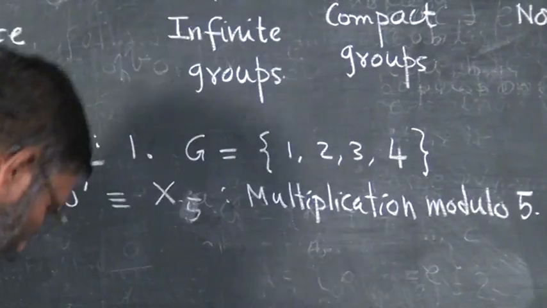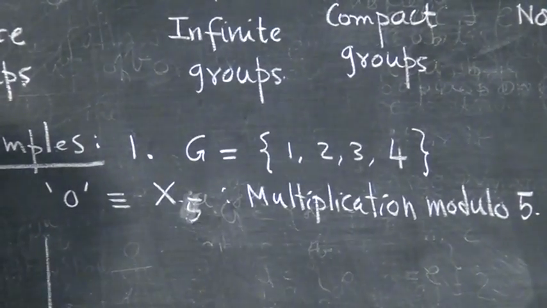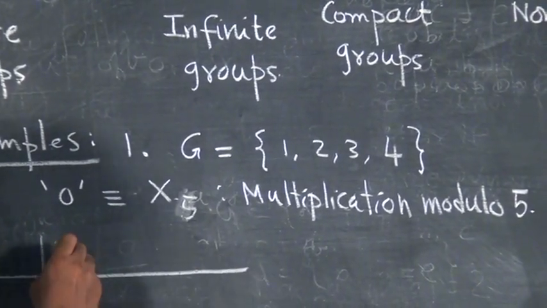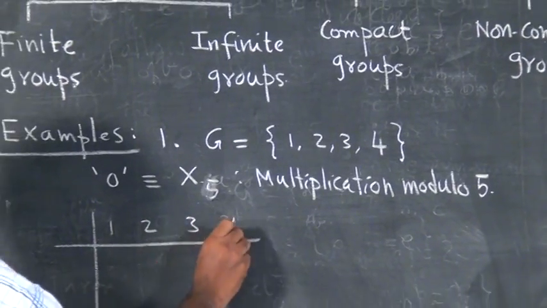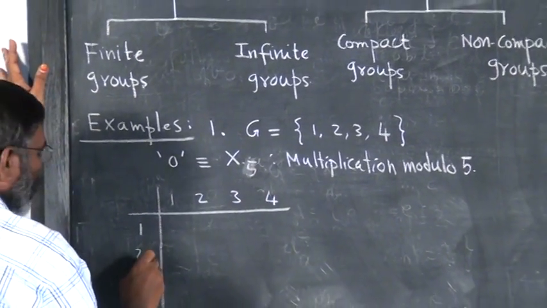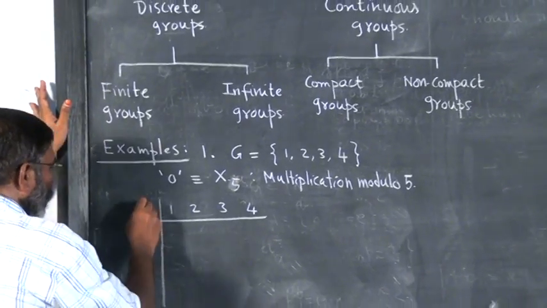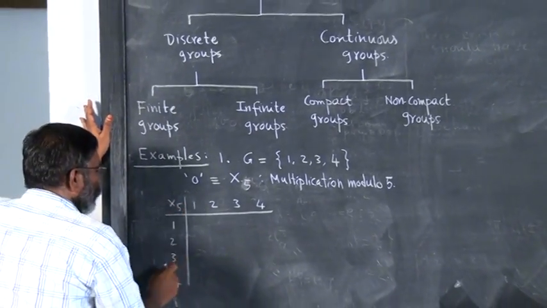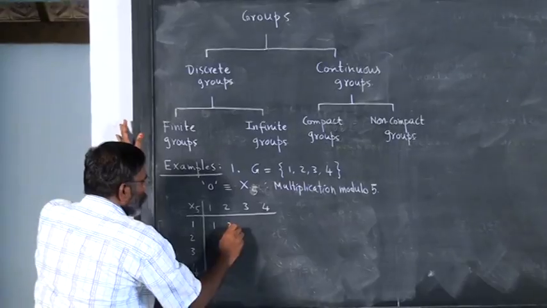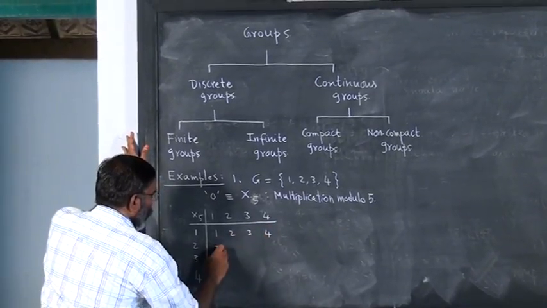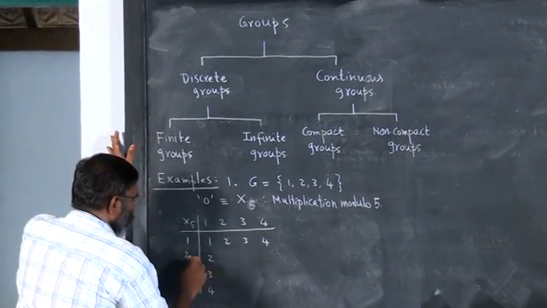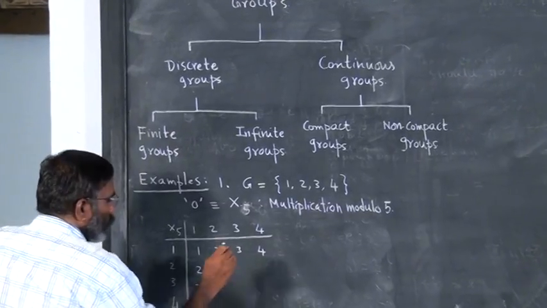So what is the multiplication table of this? 1, 2, 3, 4 along the rows and columns, and this is multiplication modulo 5. 1 is the identity, so this row is the same, and this column is the same. What is 2 into 2? 4.